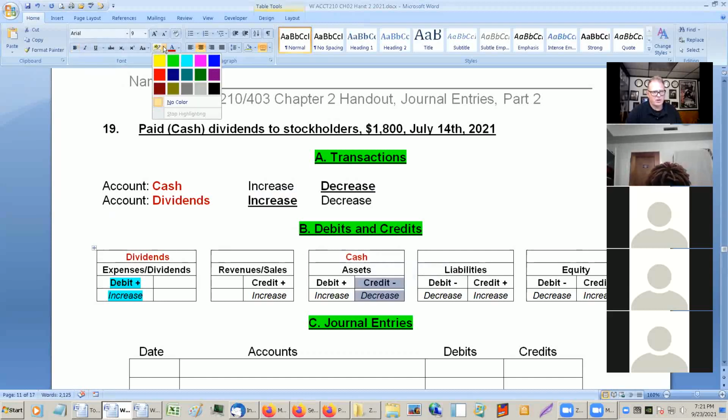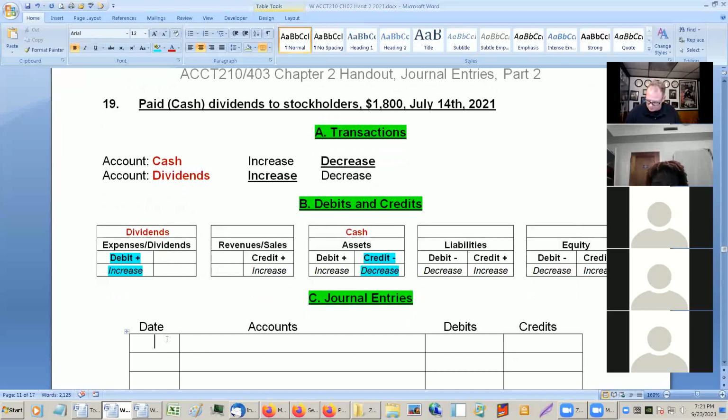And again, you already knew that because if dividends are the debit, cash must be the credit. If you want to abbreviate this as just DIV, that's fine too.